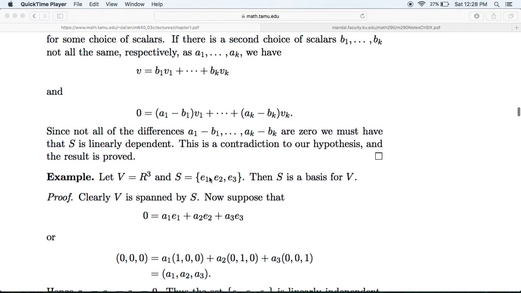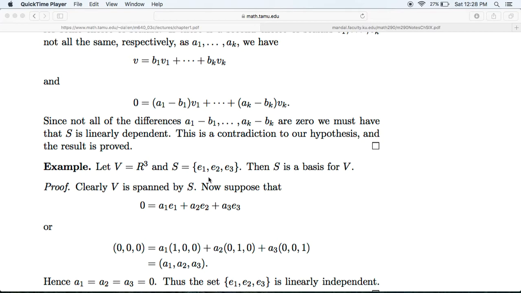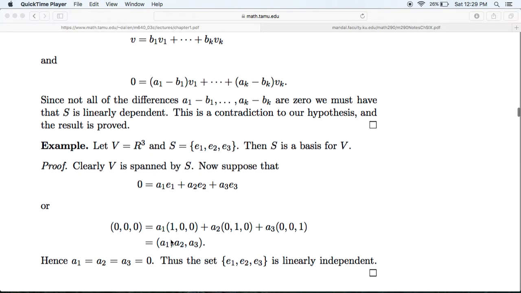Examples. As I said earlier, if I take V as R3 and S as e1, e2, e3, that means e1 is (1, 0, 0), e2 is (0, 1, 0), e3 is (0, 0, 1) column vectors, then S is a basis of V. How do we check that?